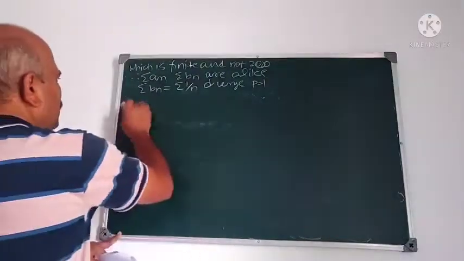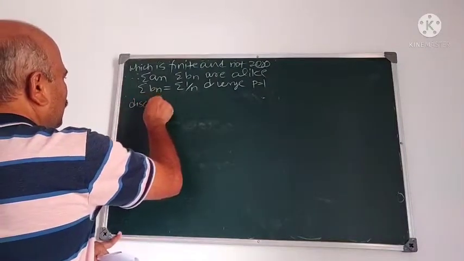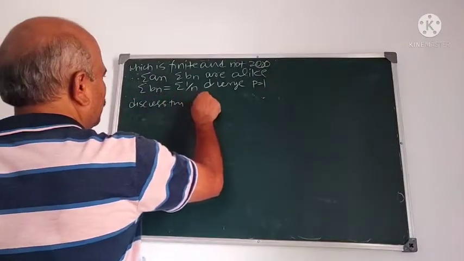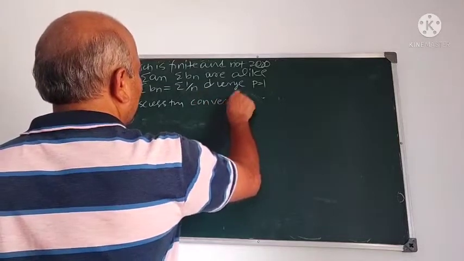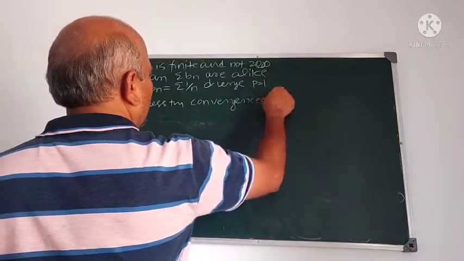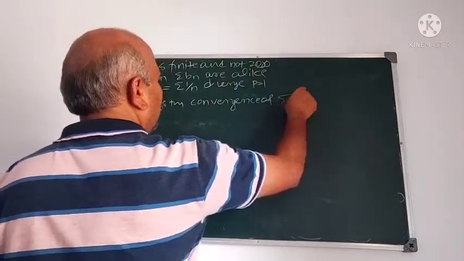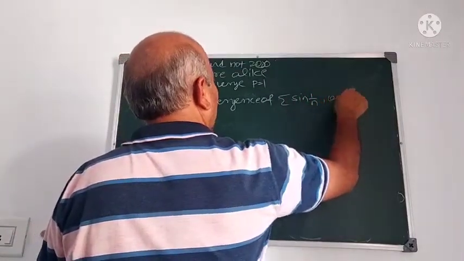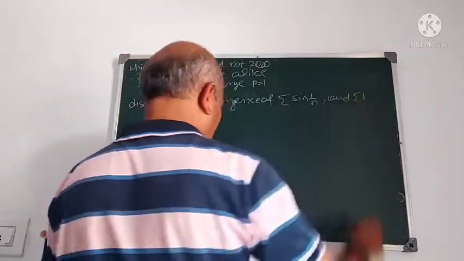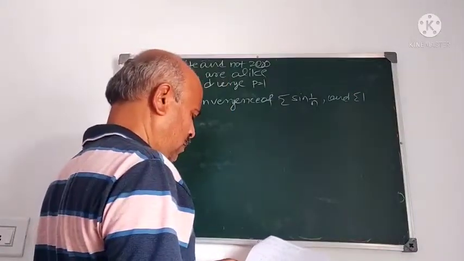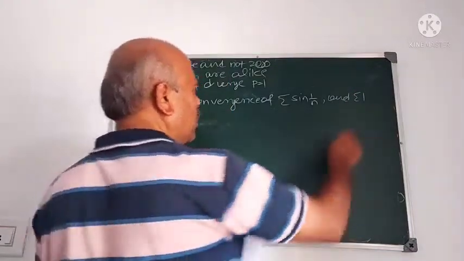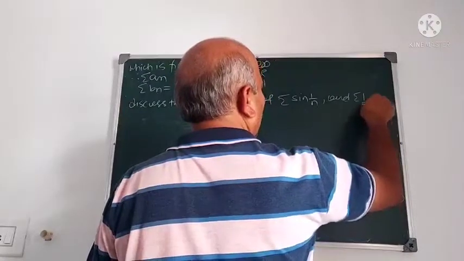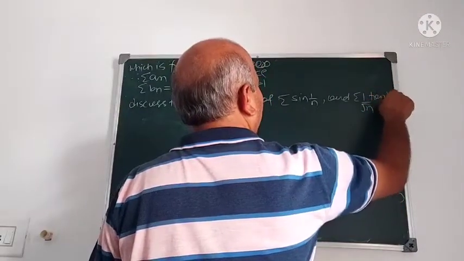Next problem: discuss the convergence of sigma sin 1 upon n and sigma 1 upon root n tan 1 upon n.